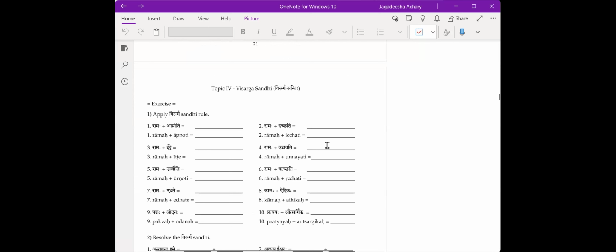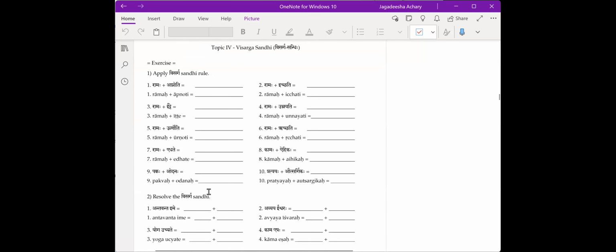Ramaha. These are all very made up words. Let's look at Kamaha Aihikaha. So Purvapada ends with Kamu plus Aha, so Purvavarna is satisfied.